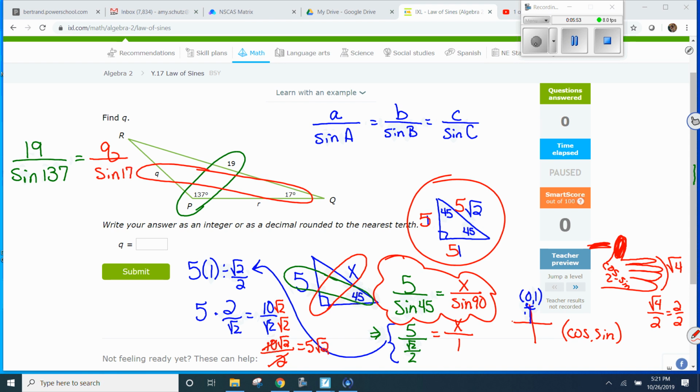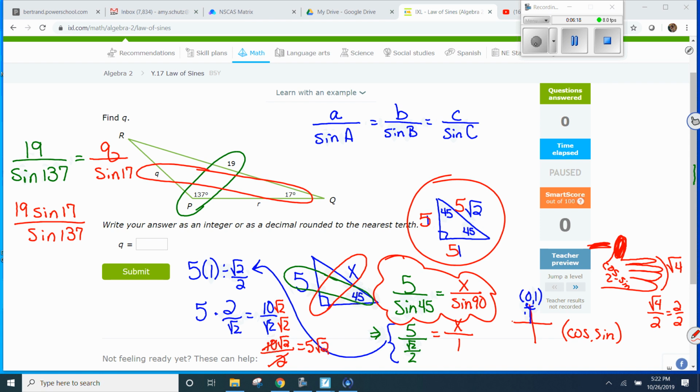So to solve, you're going to cross multiply. Take 19 times the sine of 17 and divide by the sine of 137. So they want my answer as an integer or a decimal, rounded to the nearest tenth. So if you were to take your calculator, I've got to find my calculator here, just a second.